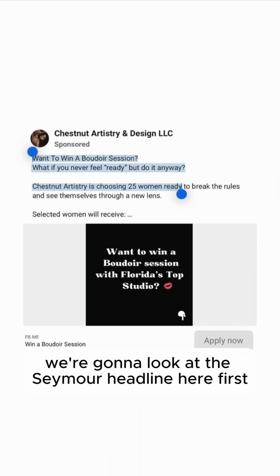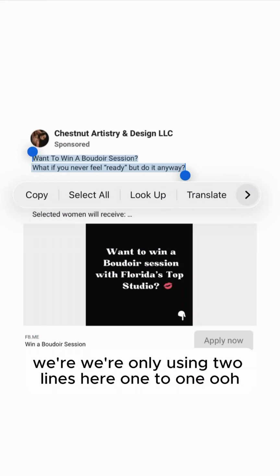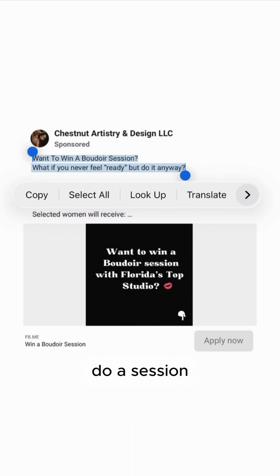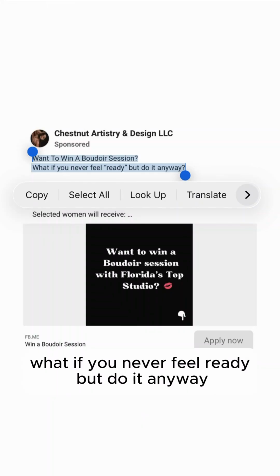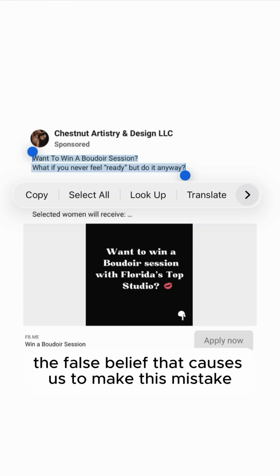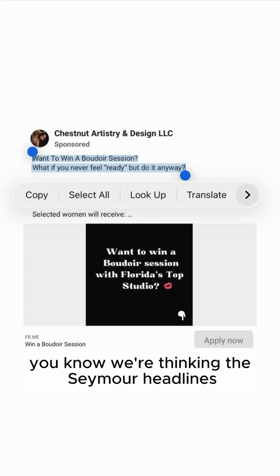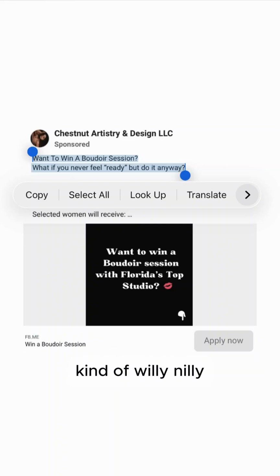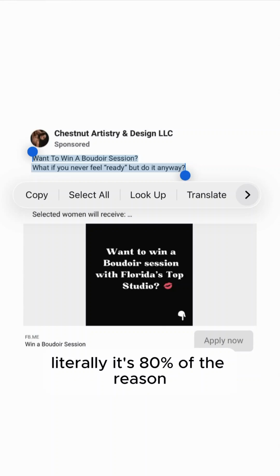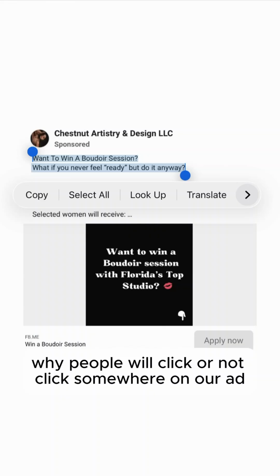Finally, we're going to look at the see more headline here. First 2 3/4 lines, Facebook mobile newsfeed. We're only using 2 lines here: 120 Boudoir session. What if you never feel ready, but do it anyway? All right, so this is the lack of context mistake. The false belief that causes us to make this mistake is that we think the see more headline is kind of willy-nilly, when in fact it's literally 80% of the reason why people will click or not click somewhere on our ad.